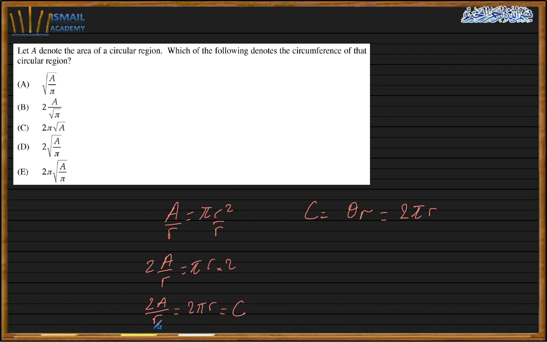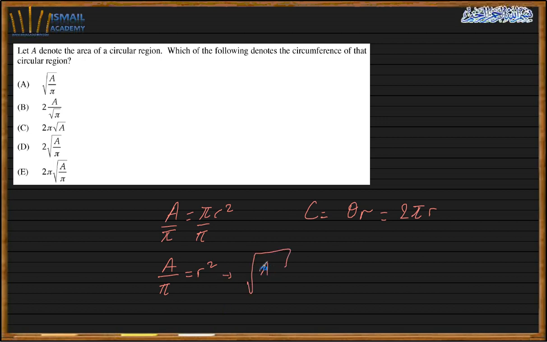But they don't want the thing with r, they want everything with A. All right, let's solve for r. I already have 2 pi r, so let me solve for r. Here I divide by pi, so r squared equals A over pi, so r equals the square root of A over pi.